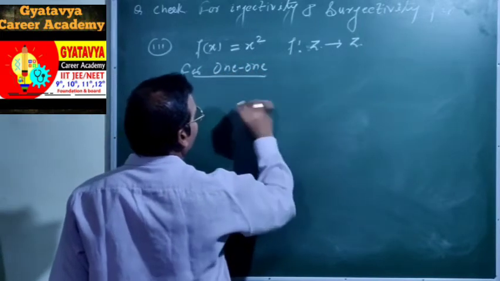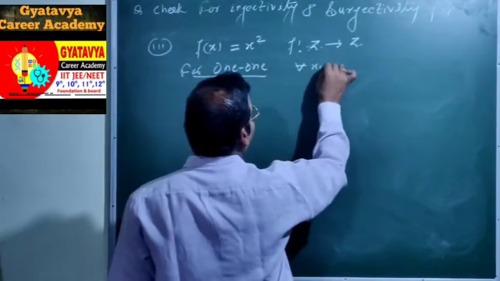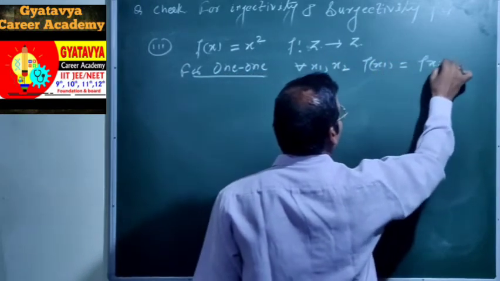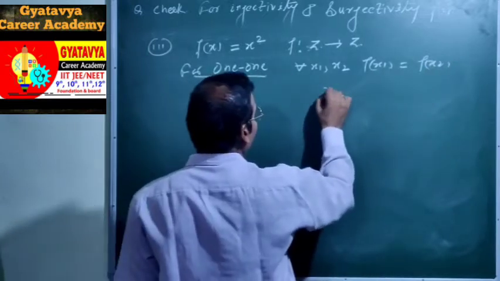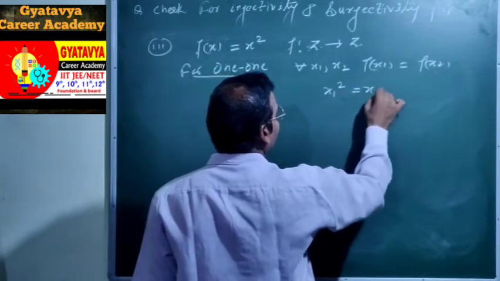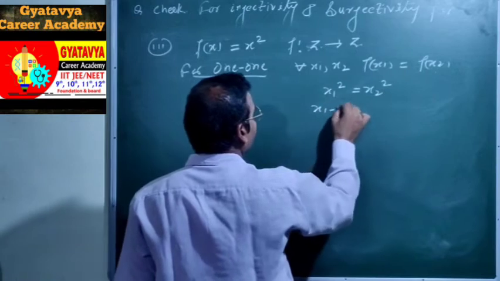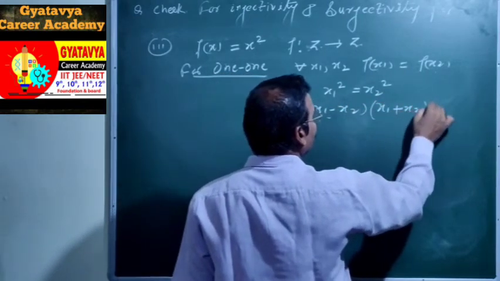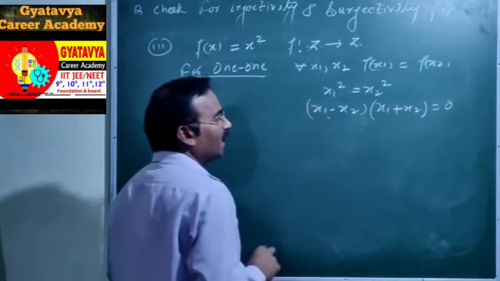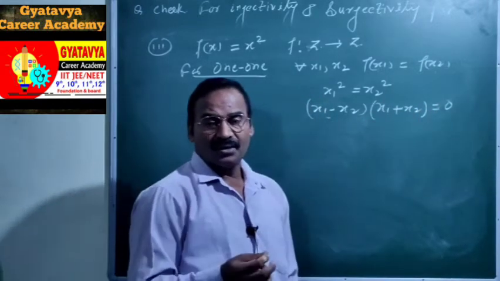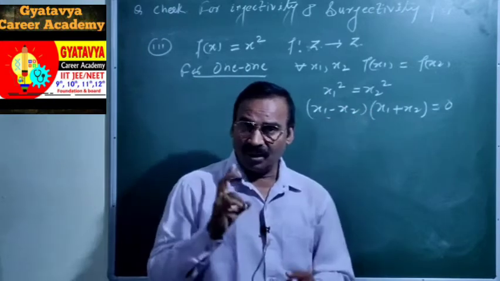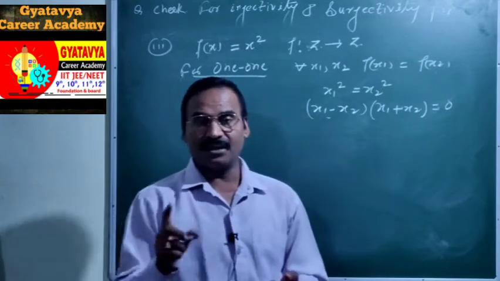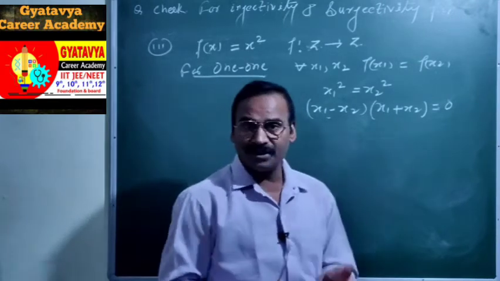For every x1, x2, f(x1) equal to f(x2). Now the value of f(x1), x1 square equal to x2 square. So x1 minus x2, the same as earlier, x1 plus x2 equal to 0. Again, set of natural numbers, set of integers. There will be two sets of integers, negative 1 and positive 1, negative 2 and positive 2.